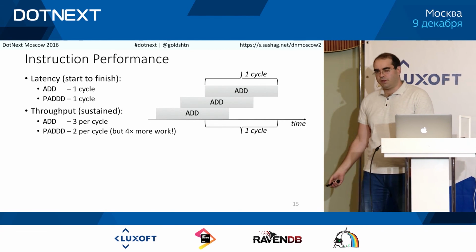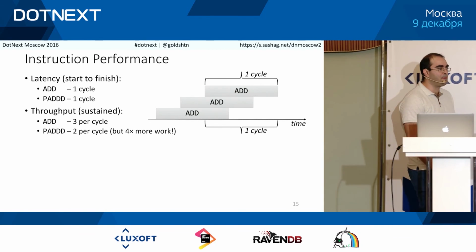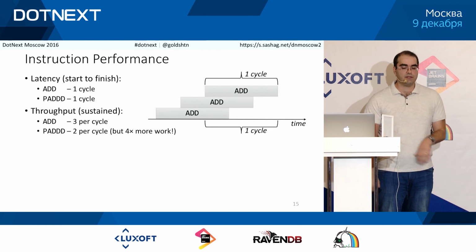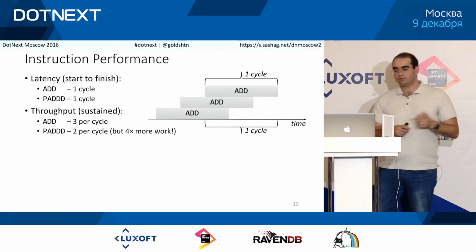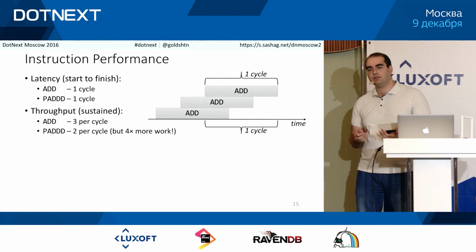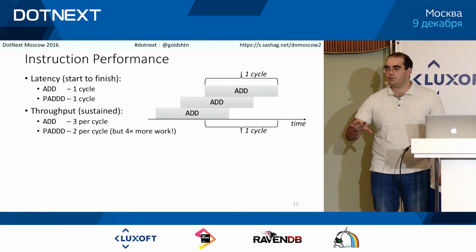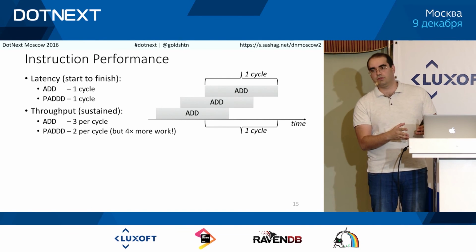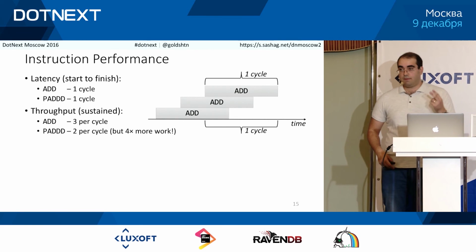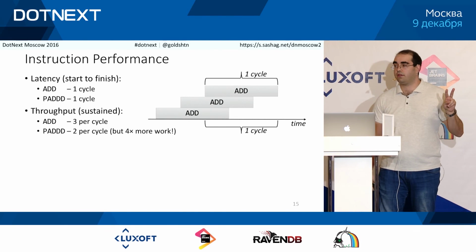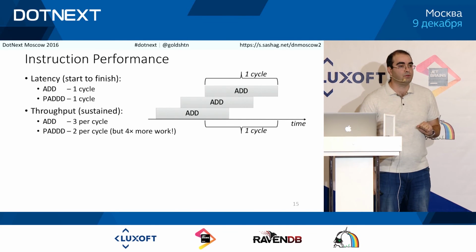So how about performance of these vector instructions? There are 2 aspects by which we measure instruction performance: latency and throughput. The latency of the instruction is how long it takes from start to finish. Like, I start adding 2 integers, how long till I have a result? If you look at 2 sample instructions, add is an instruction that just adds 2 ints together. It takes 1 cycle to finish.